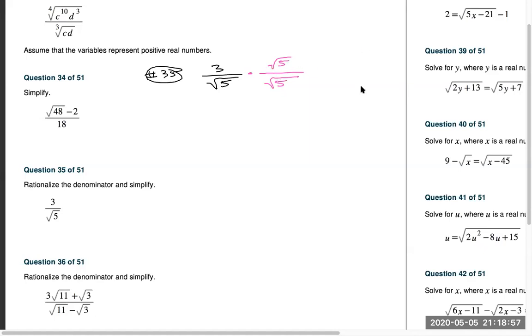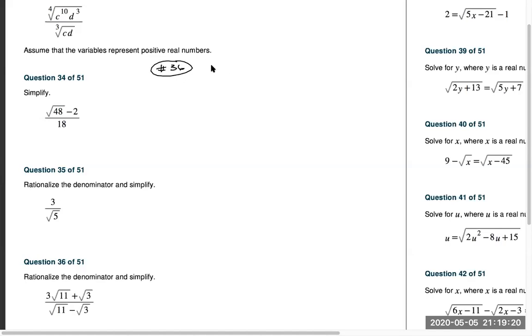And then on the top, you have to do the same thing. On the top, you get 3 root 5. On the bottom, you get 5. All right, I'm going to clear that one out because the next one's a little bit longer. Number 36.